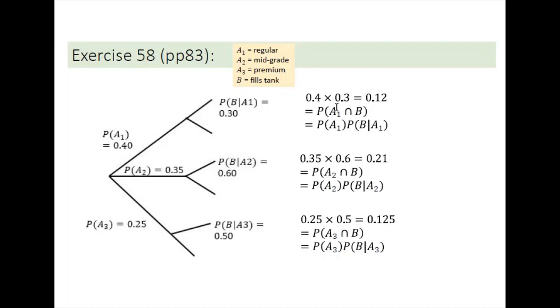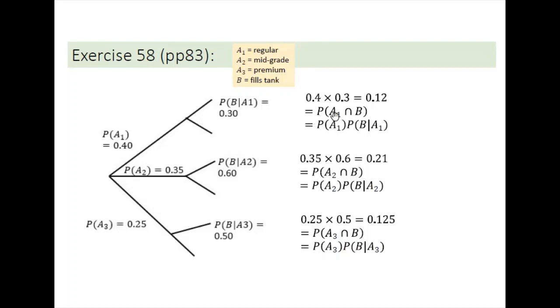So the probability of A1 intersection B. The first one is gas, because at first you decide which kind of gas to use, and then you make a decision about filling your tank. So the first decision is about the gas, and the second decision is about filling the tank. So the first one here is A1.